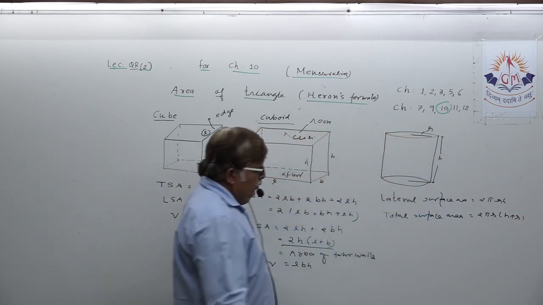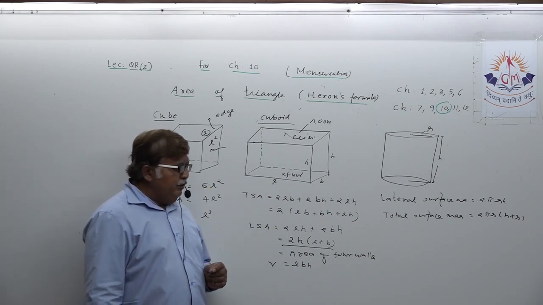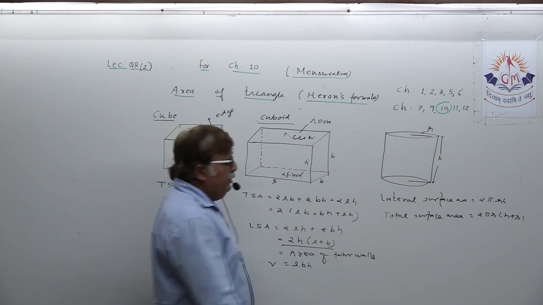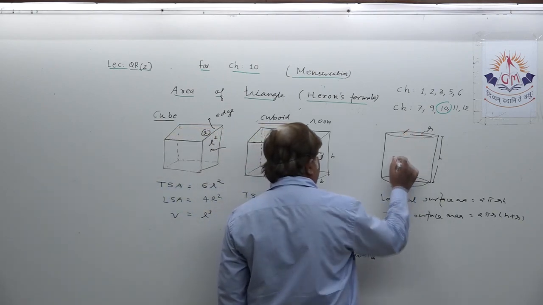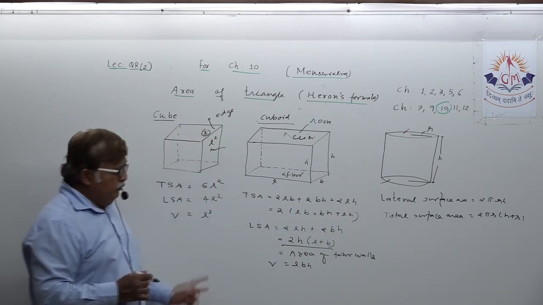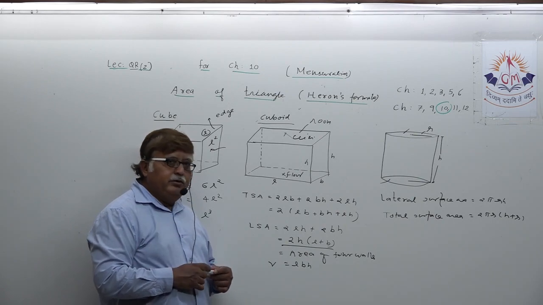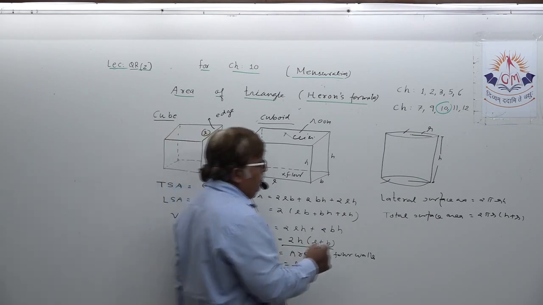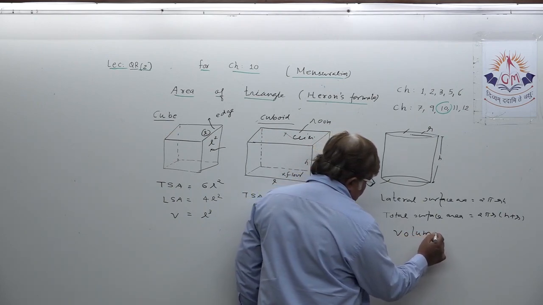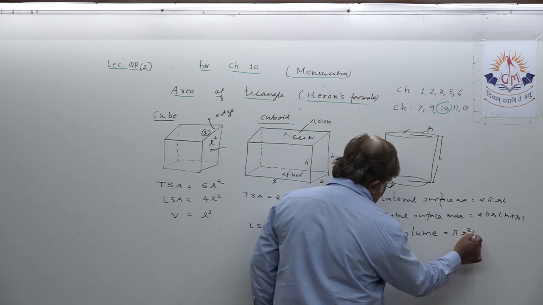Note down, when you find total surface area of cylinder, it will definitely include top as well as bottom. Remember this thing. Understand? So these are some of the formulas which you need to remember, and one for the volume of the cylinder definitely. Volume of cylinder, you all know, pi r square h.